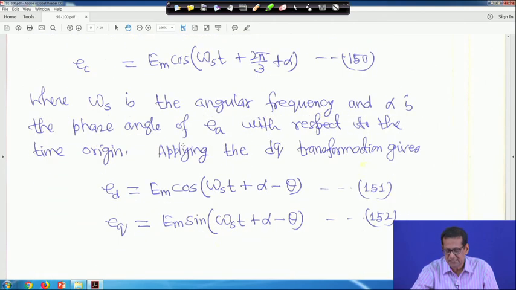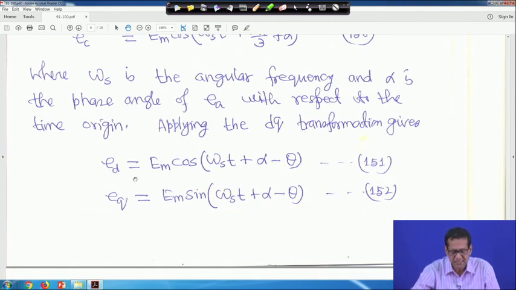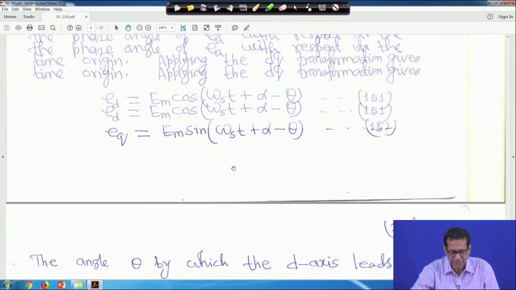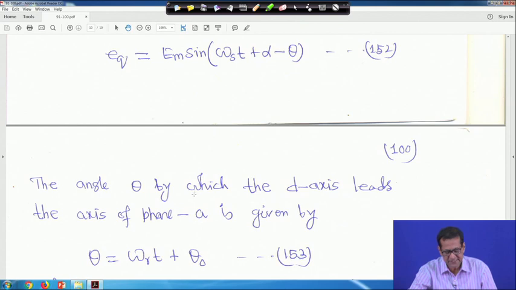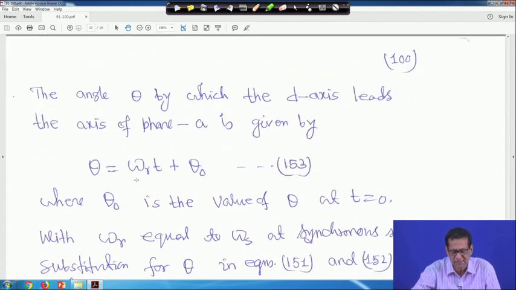if you apply the dq transformation, it will give ED equal to EM cos omega st plus alpha minus theta, this is equation 151, and EQ equal to EM sin omega st plus alpha minus theta, this is equation 152, right. Now, the angle theta we have seen in figure 9. The angle theta by which the d-axis leads the axis of phase A is given by theta equal to omega r t plus theta 0.